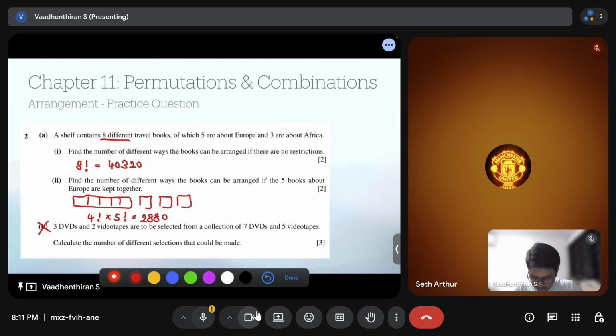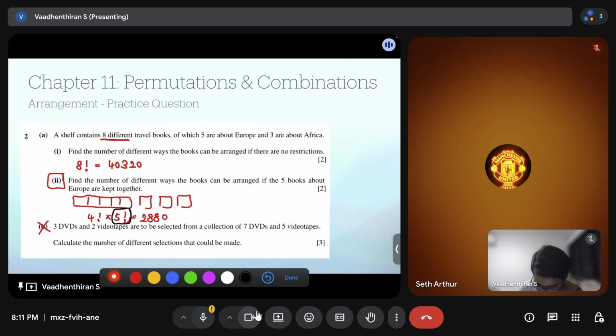So for this part two only, I'll just explain for the other students. What you do is you're grouping all the five together, and the rest of the three will be grouped separately. The trick I use here is you can alter any position between the five, which is basically the 5 factorial which I did here.